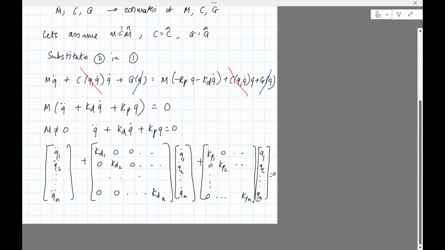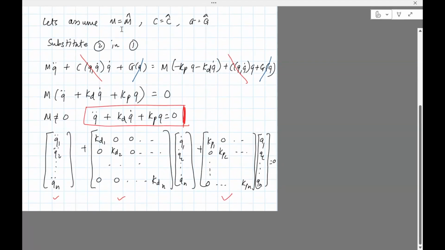It can be shown that the equation reduces to this equation. And now when you expand this equation out, you get something like this. Q double dot, KD is a constant you choose. In this case, I'm going to choose a diagonal KD and a diagonal KP. And what you notice is that these equations are essentially decoupled.